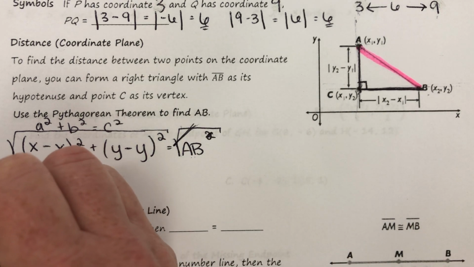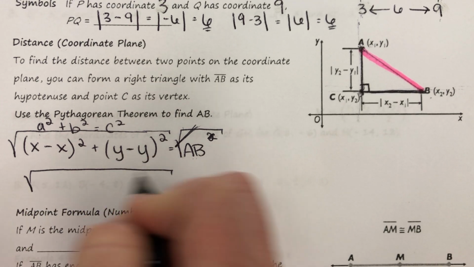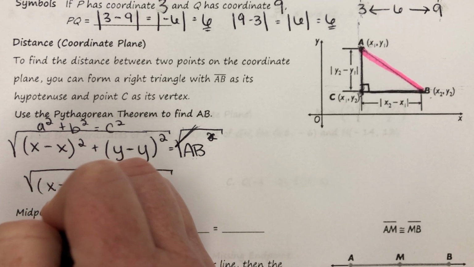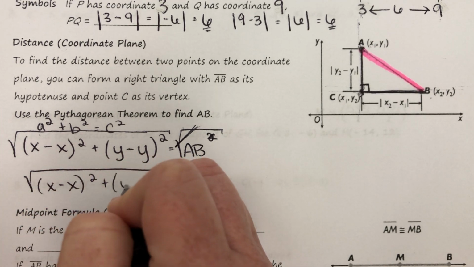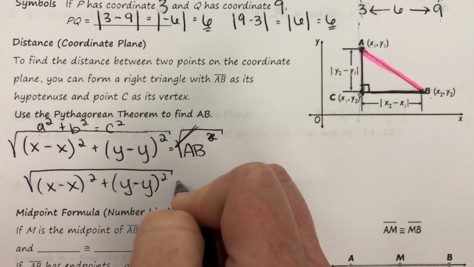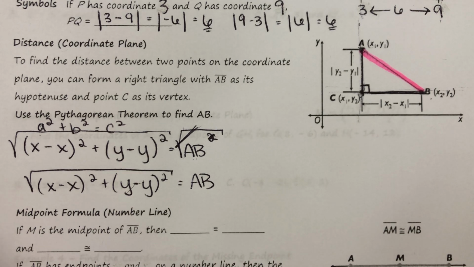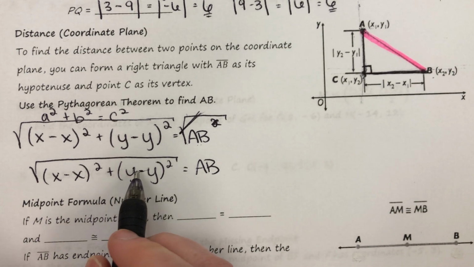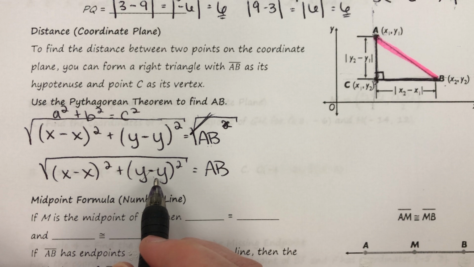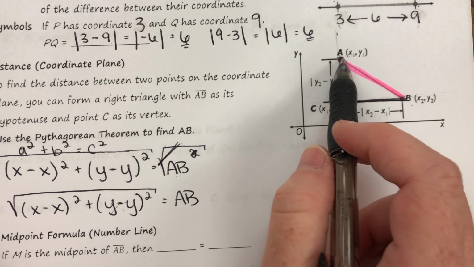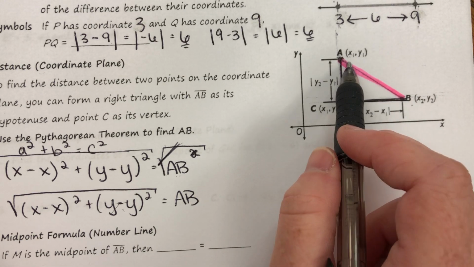So I'm left with the square root of (x minus x) squared plus (y minus y) squared equals the length of AB, right?